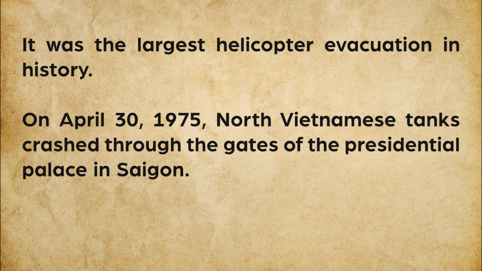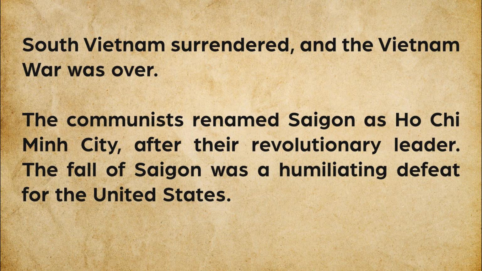On April 30th, 1975, North Vietnamese tanks crashed through the gates of the presidential palace in Saigon. South Vietnam surrendered, and the Vietnam War was over. The communists renamed Saigon as Ho Chi Minh City, after their revolutionary leader.